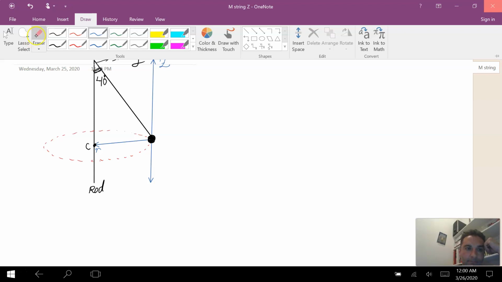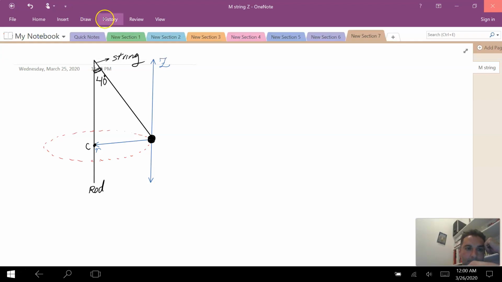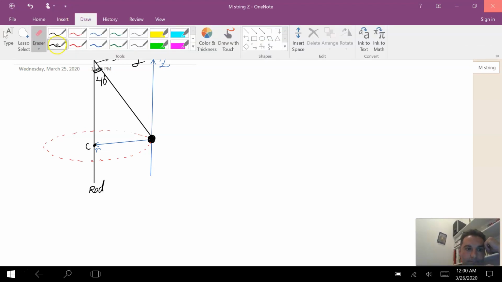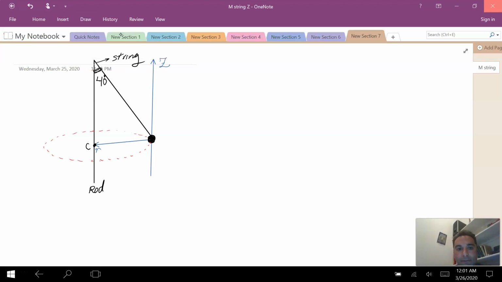Now, all right, what we have to do? We have to apply sigma f on radial axis is mv squared over r.